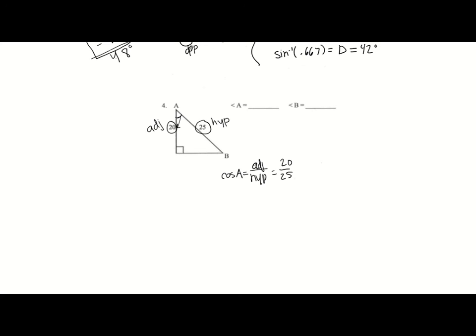Okay, again, I plug that in my calculator. I get 0.8. And I can either look this up on my table and see what angle A is, or I can take the inverse cosine of 0.8. And that is going to give me 37. 180 minus 90 is 90. And then take that 90 and subtract 37. I'm left with 53 degrees for angle B.